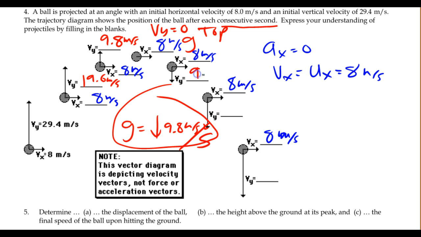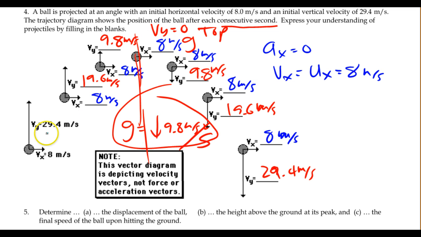And it will gain in the first second 9.8 meters per second. Then in the next second, it'll gain another 9.8, so we'll be up to 19.6 meters per second. Then it'll gain another 9.8, and we'll be up to 29.4 meters per second. As I mentioned before, this is a parabola, so notice the symmetry. 29.4, 29.4.